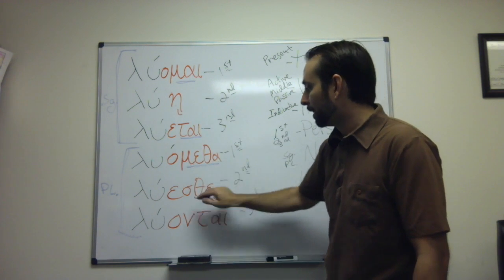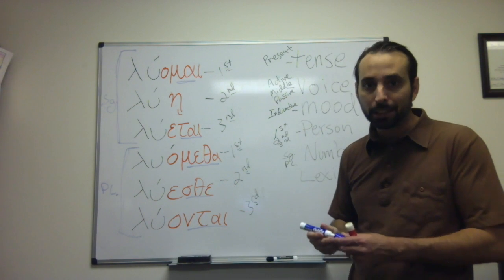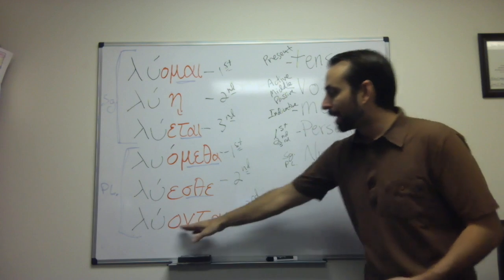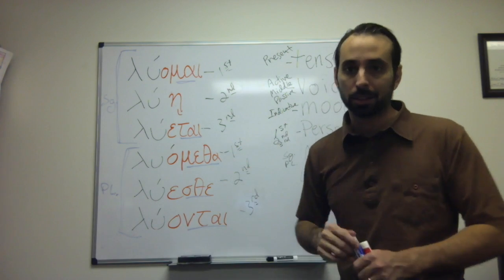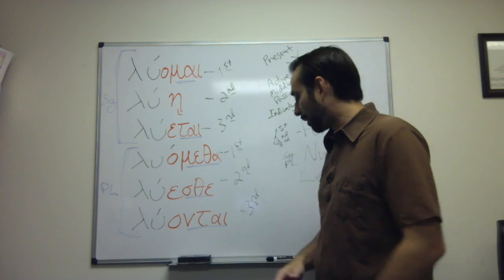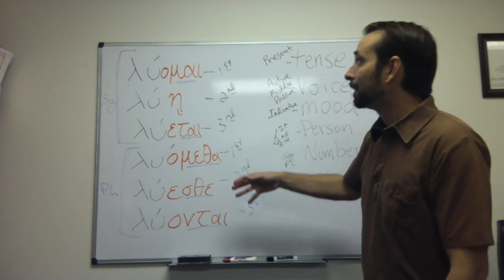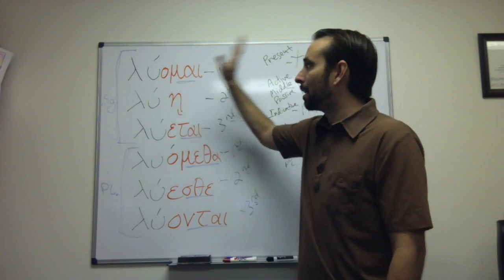It's the metha, it's the sthe, and the ntai. That's really your ending. But if you memorize it with a thematic vowel, it's not going to hurt you. That's fine. I tend to memorize them with the thematic vowel in the active endings that way as well. So if you memorize it with the thematic vowel, that's fine.